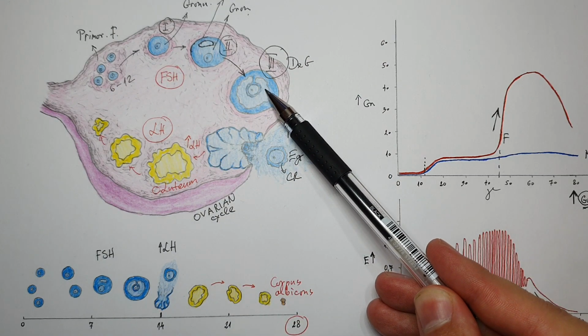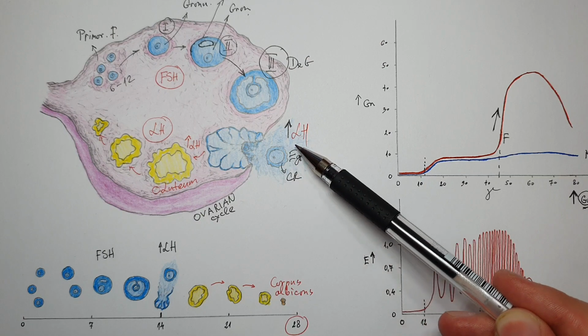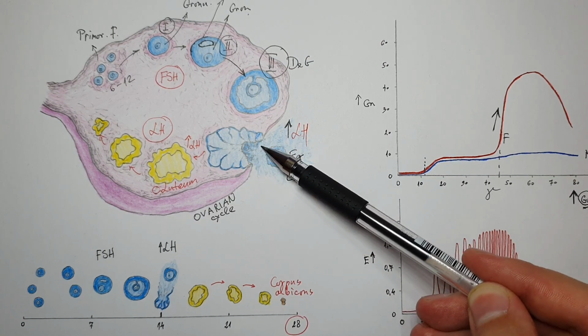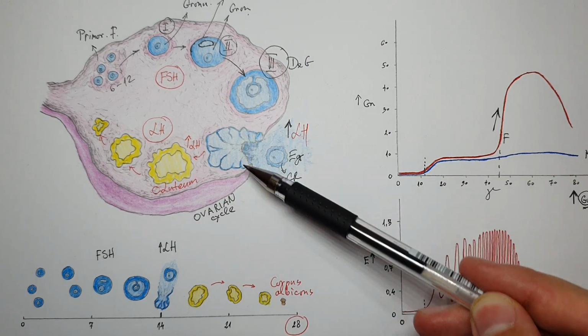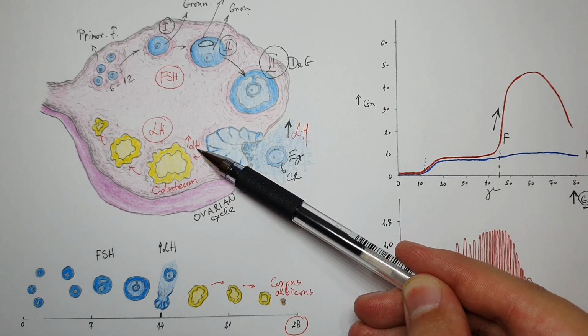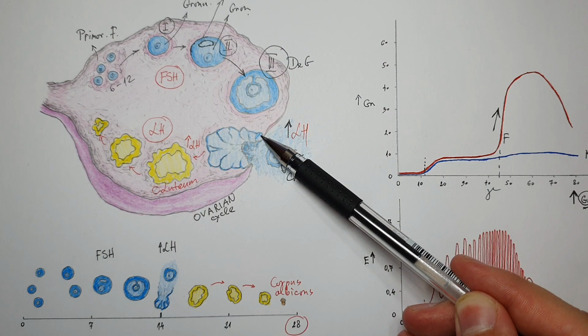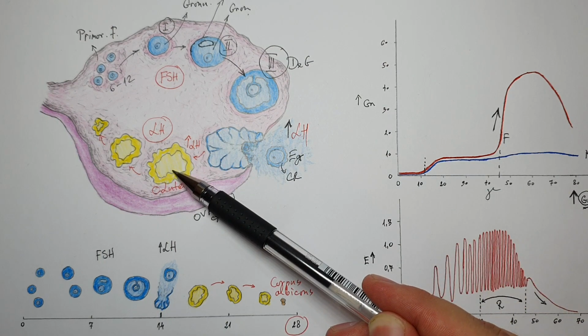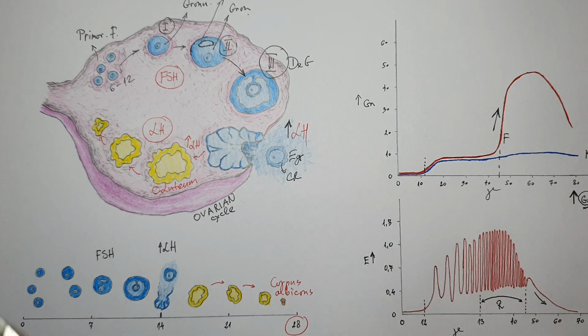Then the graafian follicle under the luteinizing hormone that spikes somewhere in the middle of the cycle bursts and releases the egg with some granulosa cells. And under the luteinizing hormone, the rest of the graafian follicle is turning into the corpus luteum. Then the corpus luteum secretes hormone until it becomes scar tissue.